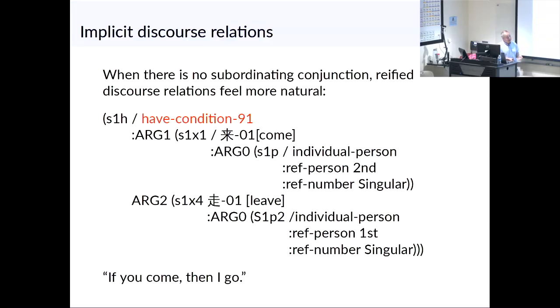But I would caution that you don't want to go too far. If you start to infer stuff, there's a lot of things that can be inferred, right? So there has to be some sort of limit as to what you want to infer. Discourse relations tend to be one of those things that are closed, right? There's not an infinite number of them, and it's okay to infer them.